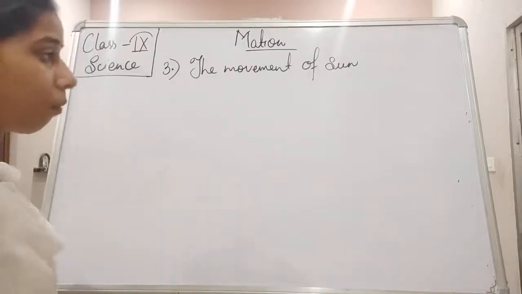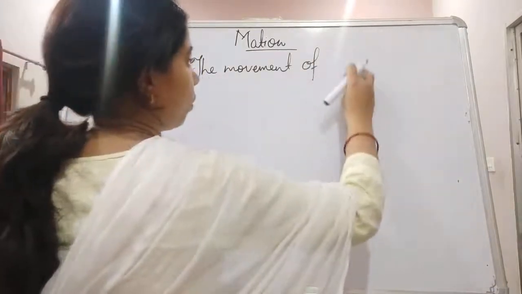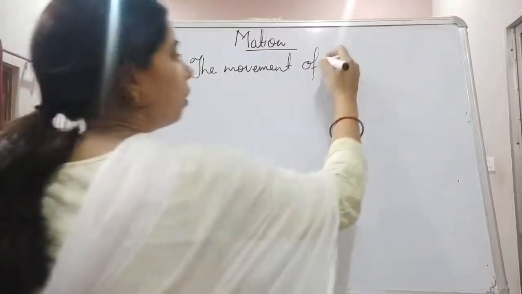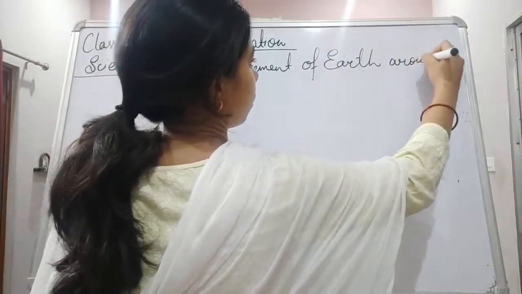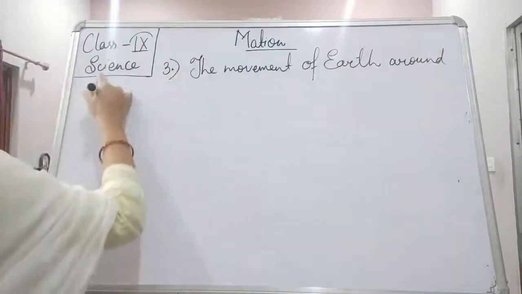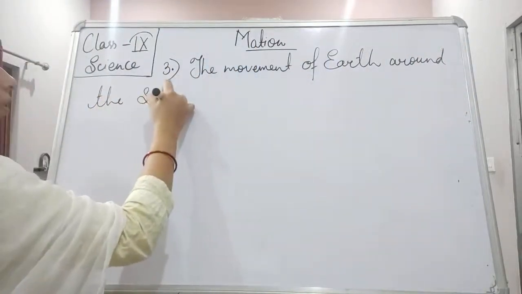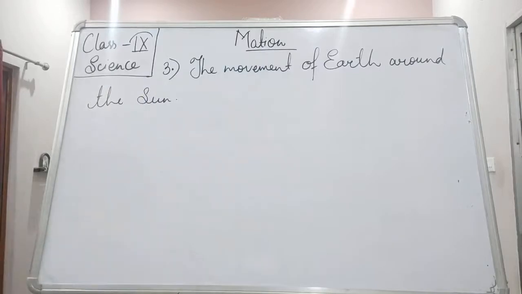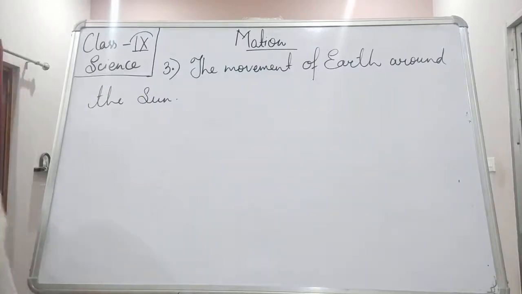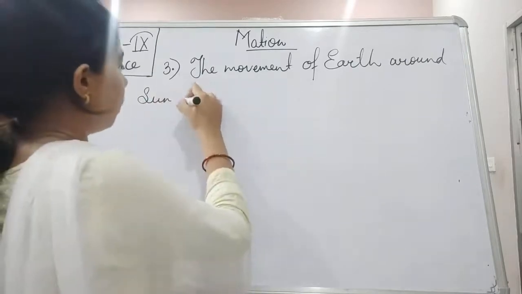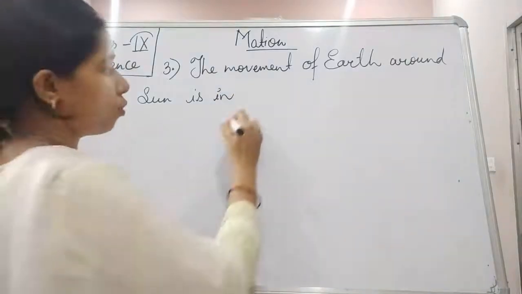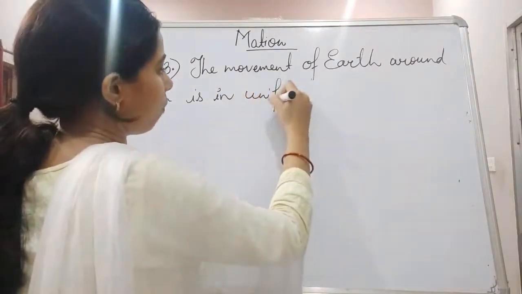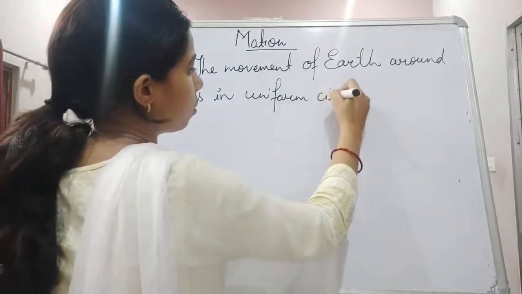The movement of the earth around the sun is in uniform circular motion.